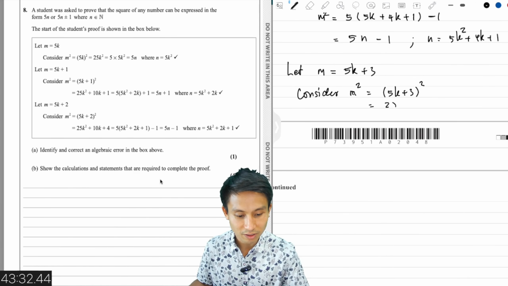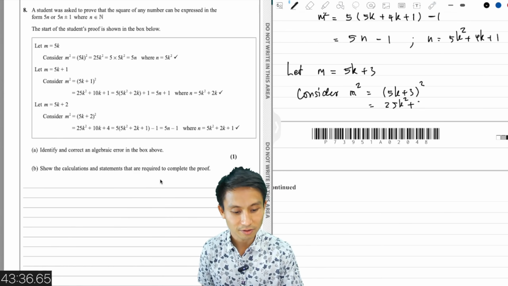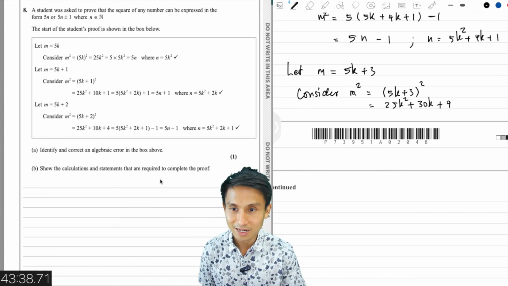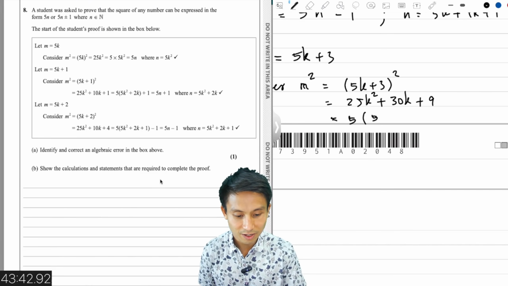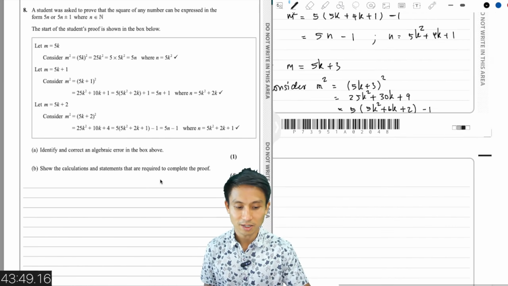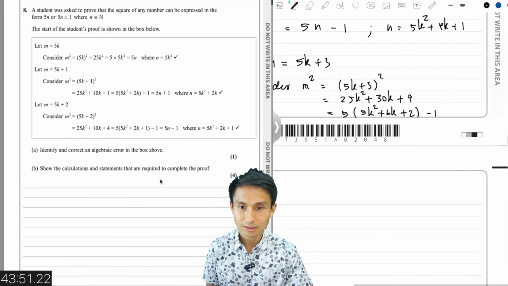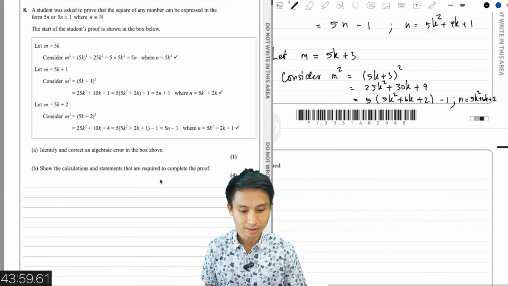So we have 25k squared plus 2 times 5 times 3, that's 30k plus 9. So that's going to be 5k squared plus 6k. Well, let's do 2 here and then minus 1 out here, and this is where n equals 5k squared plus 6k plus 2.